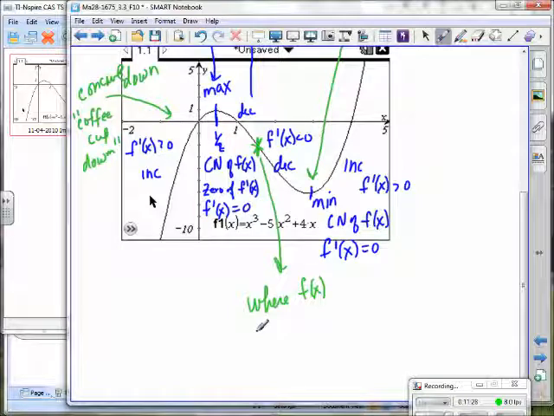Yeah, Philip. Inflection point, so the concavity is changing. Okay, don't give me the first part just yet, but the second part I want. This is where the function changes concavity. And that's a very important point to us. A very important point in our discussion of work.